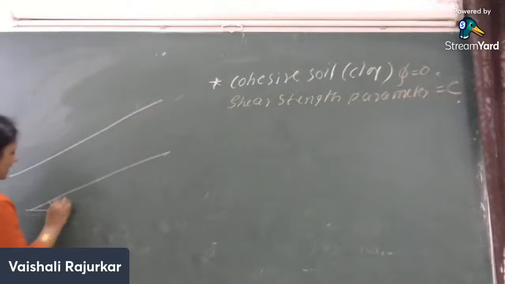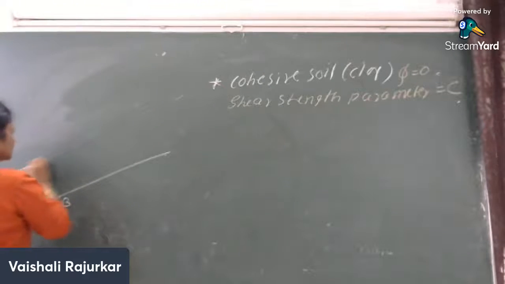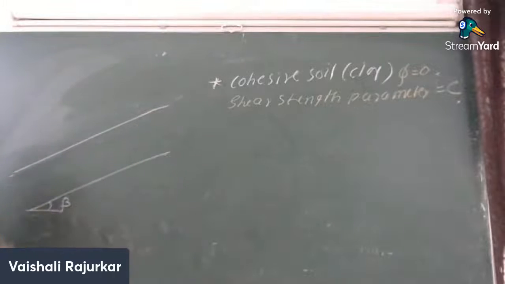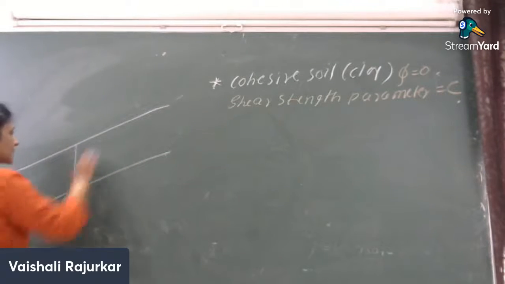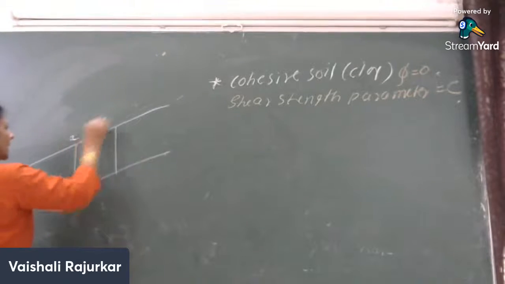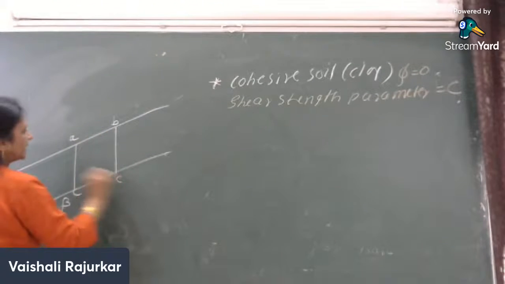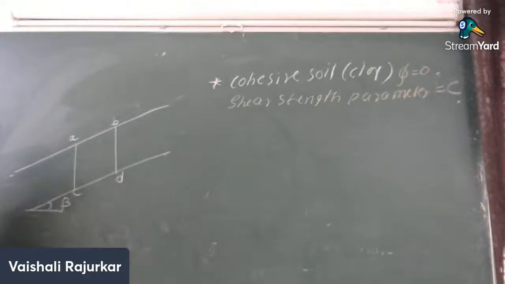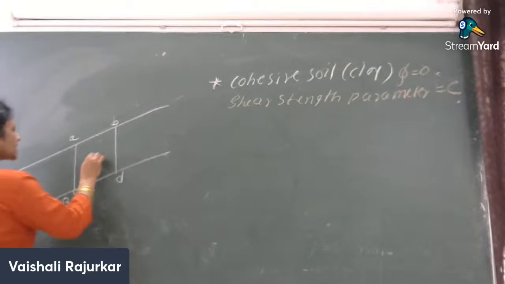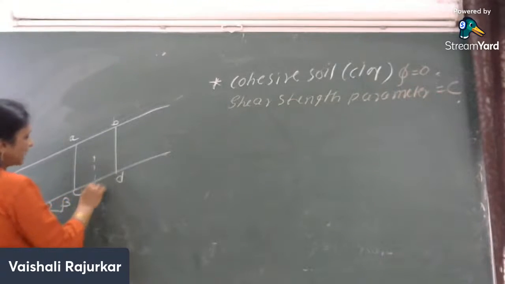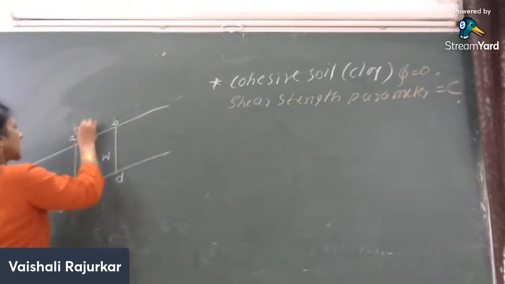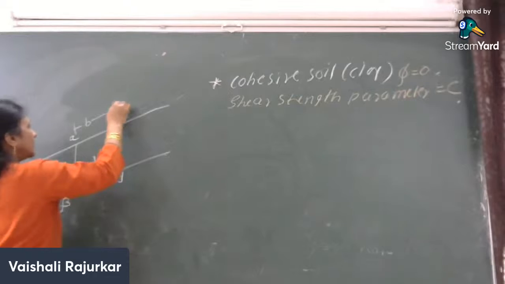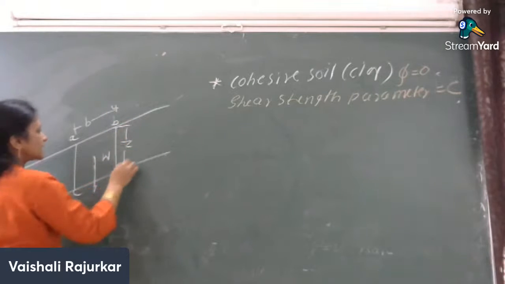This slope is making an angle beta with the horizontal. And in this case, this is A, B, C and D. In this case, here this weight component is W. W is the weight component which is acting in the vertically downward direction, and this is B and this is Z.